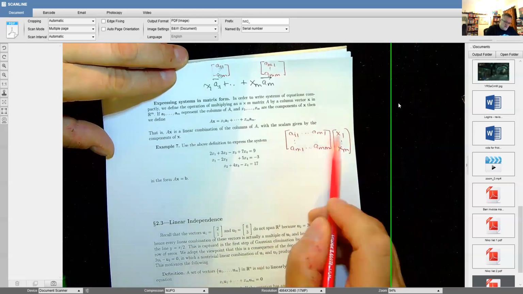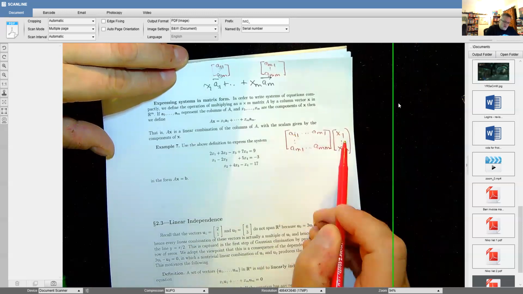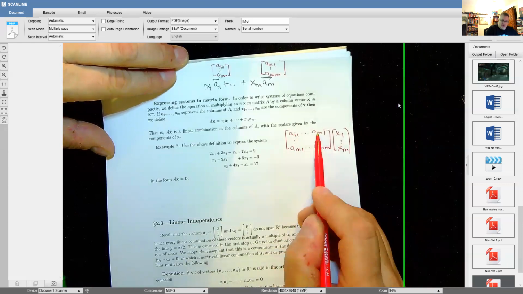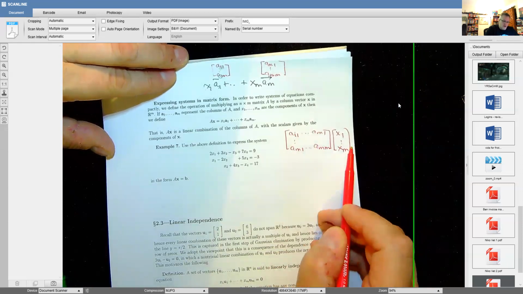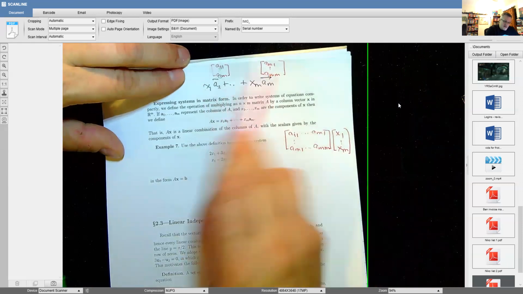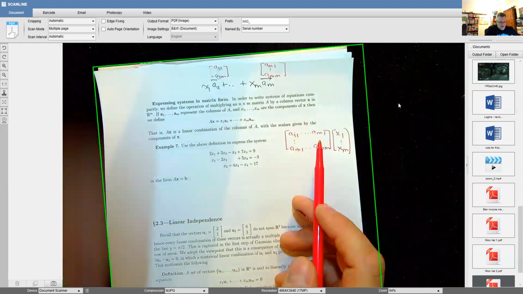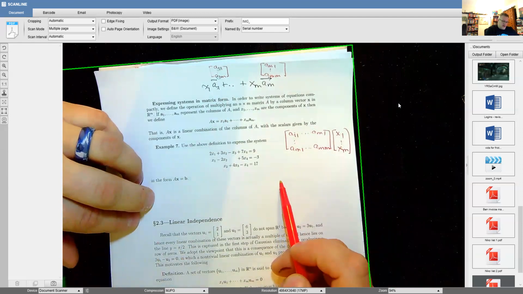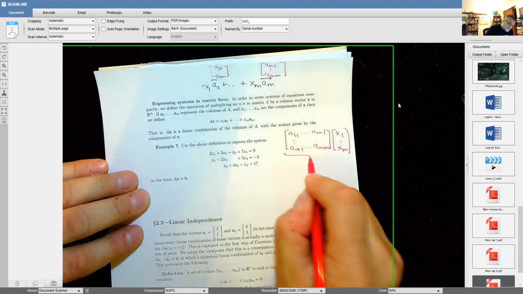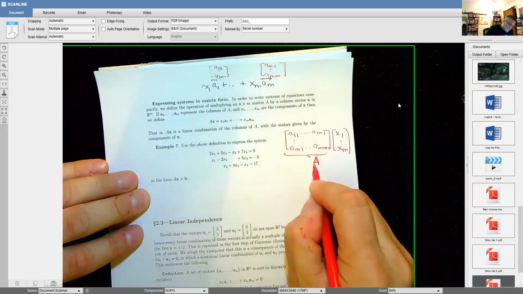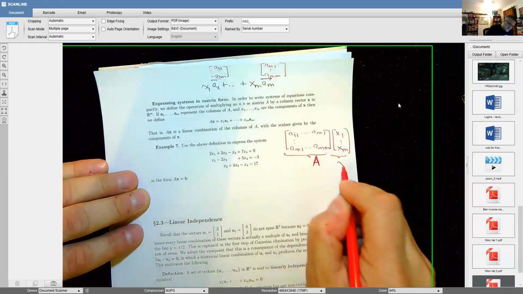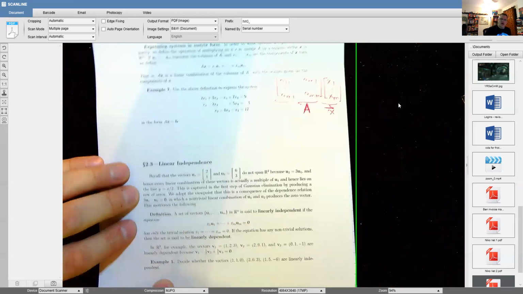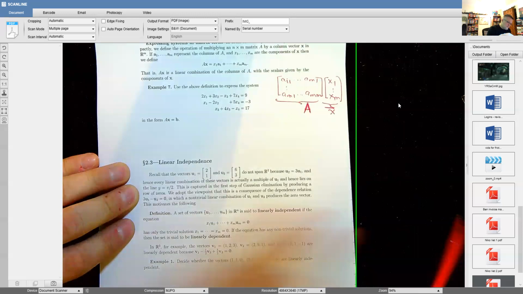So this would be x1 times a11 plus x2 times a21 plus all the way down to xm times am1. That would be the first component of that expansion. If you did that for every possible row, you'd get a vector with m components. So I'm going to call this matrix A, and I'm going to call this vector X. It's a very compact way of writing that.